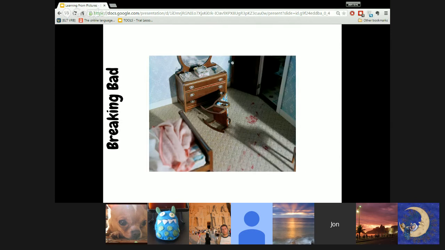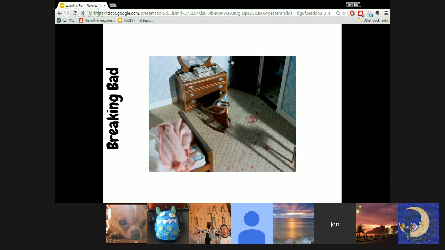Since I'm calling this Breaking Bad, and lots of bad things happen in Breaking Bad, I want you to use your vocabulary to describe this crime scene. By the way, the story behind these pictures is amazing. These are all from a dollhouse, and you can read this article. I have to give you the link later. The article is about the history of crime scene models.